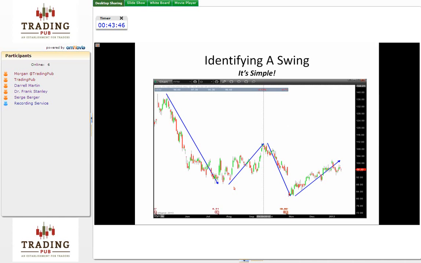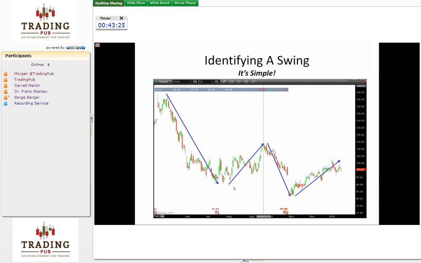To me, a swing has a duration of anywhere from, like I said, a couple days to several weeks in terms of my trading. There are, of course, swings that last a lot longer. But essentially, a swing is when you start making either a lower high or a higher low.